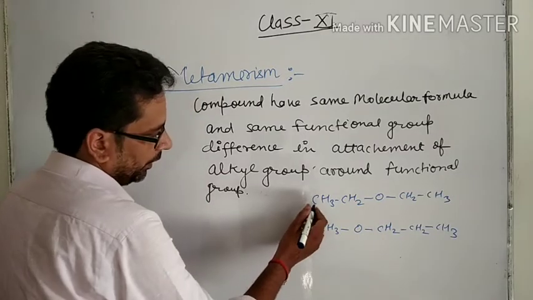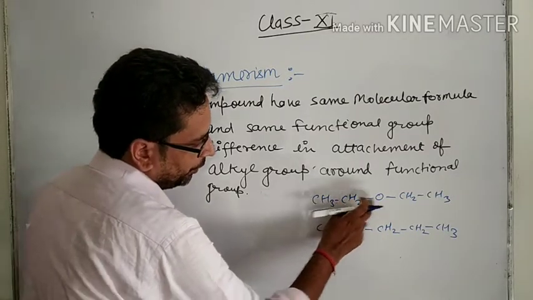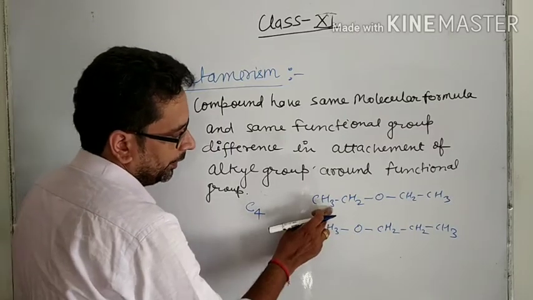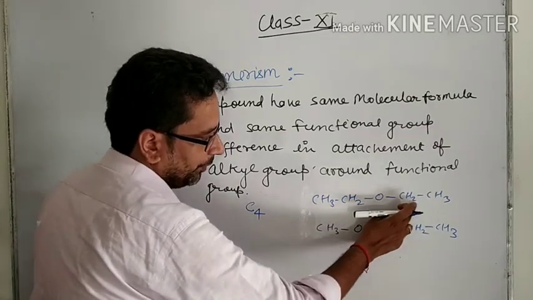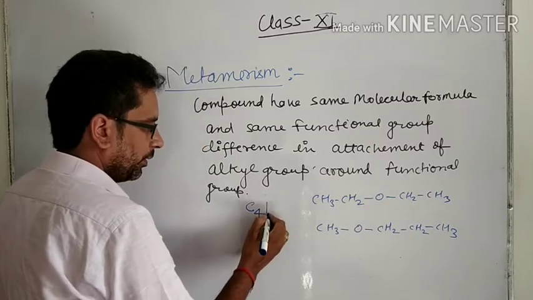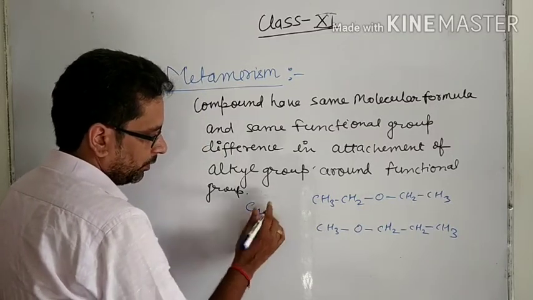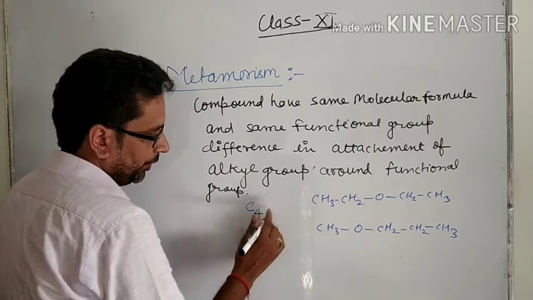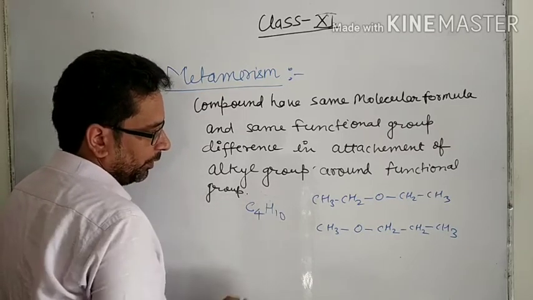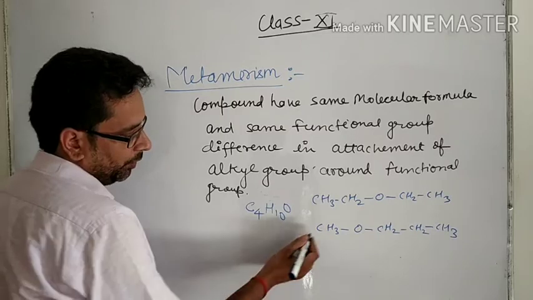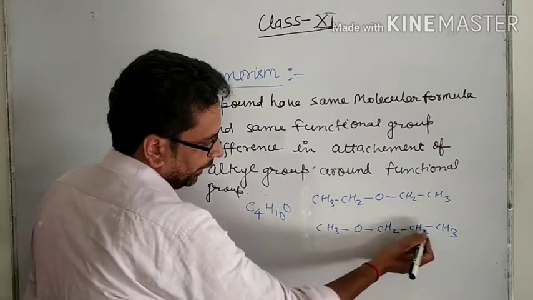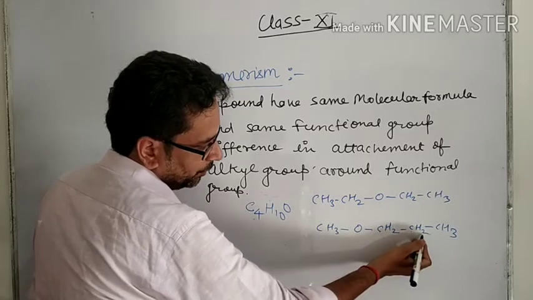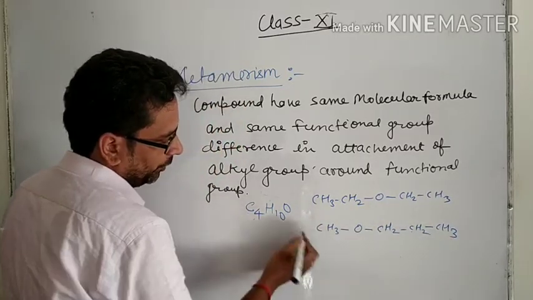Now look here, calculate the total number of carbon: 1, 2, 3, 4. Hydrogen: 3 plus 2 is 5, plus 2 is 7, plus 3 is 10. Oxygen 1. Now calculate the second: 1, 2, 3, 4 carbon, hydrogen 3 plus 2 is 5, plus 2 is 7, plus 3 is 10, oxygen 1.